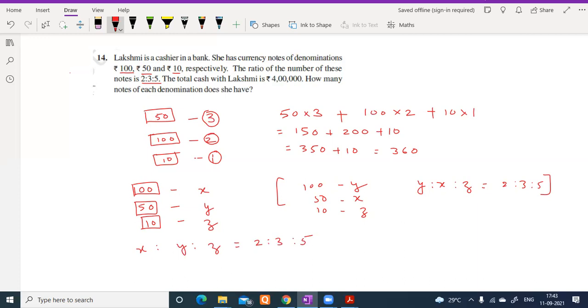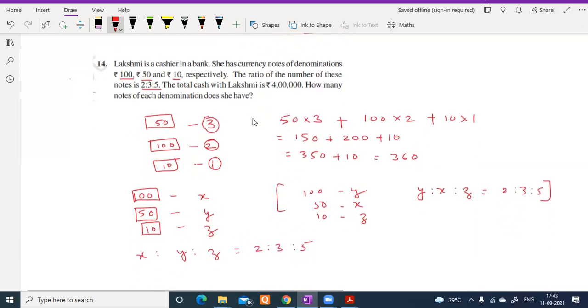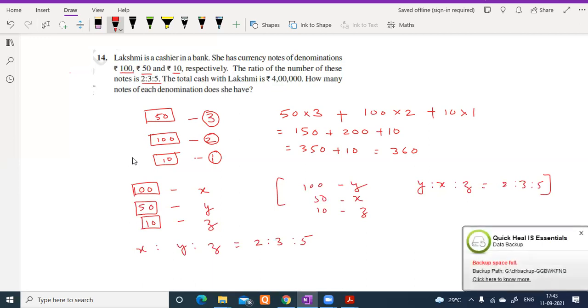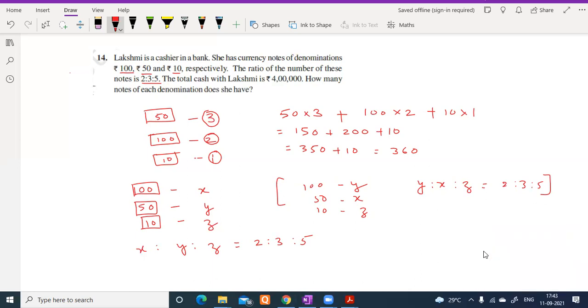That's the thing they have given in the question, and that's what we have written down mathematically. In this type of sums, whatever is there in English, it's better to write it down mathematically and put equation numbers so that it will help us. That part of the sum is clear now. The ratio of these numbers is 2 is to 3 is to 5.